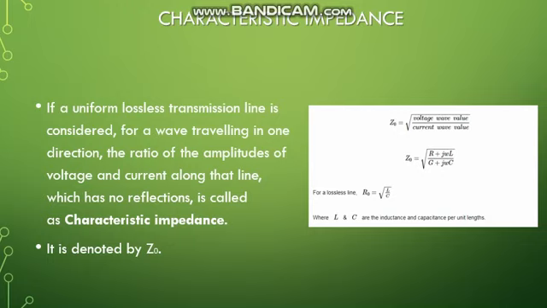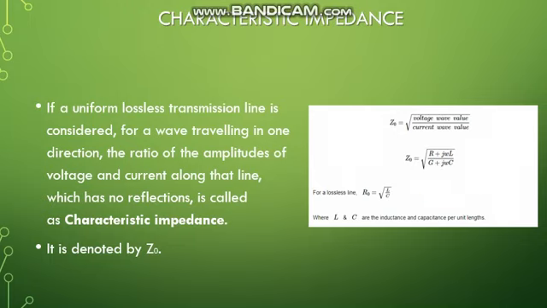If it is a lossless line, denoted by Z naught, then we have to consider R and G equal to 0. Then for the lossless line, Z naught is equal to root over L by C. Sorry, I apologize, it is R and G that are 0. If the conductance and resistance are 0, it is considered a lossless line.